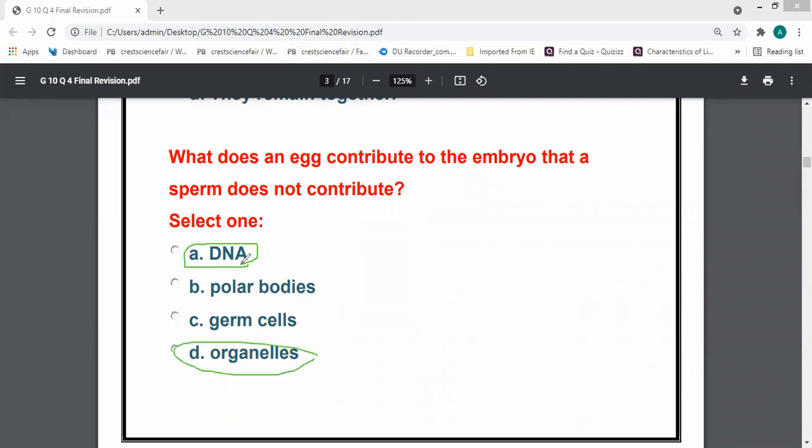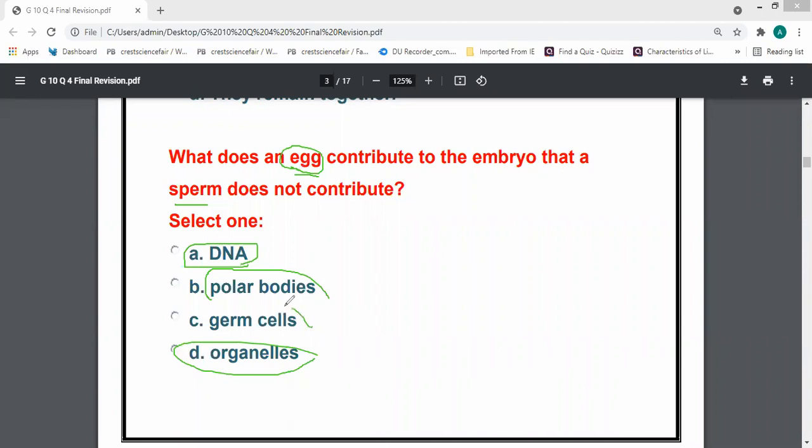DNA is contributed by both egg and sperm. You inherited the DNA from your father and your mother, the sperm and egg. Polar bodies are related to the structure of ovums, or egg cells. Each meiosis division for production of egg cells produces 4 ovums, but just one of them stays as it is, and the other 3 change to polar bodies to feed the standard egg cell.